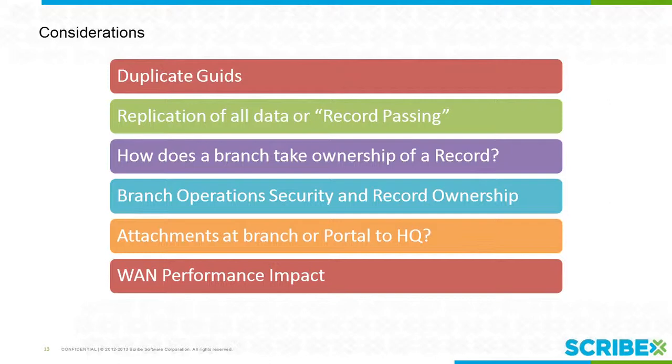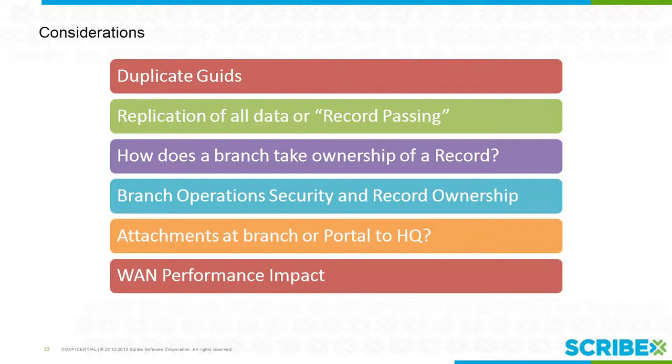If it's a VPN or whatever, and I'm handling large attachments in this system, I have to consider the impact of moving 50 attachments, which may be 5 megs each, so during that movement of records, I might be sucking up all the bandwidth on the network.